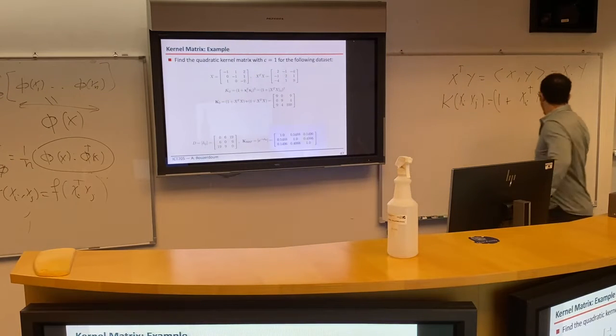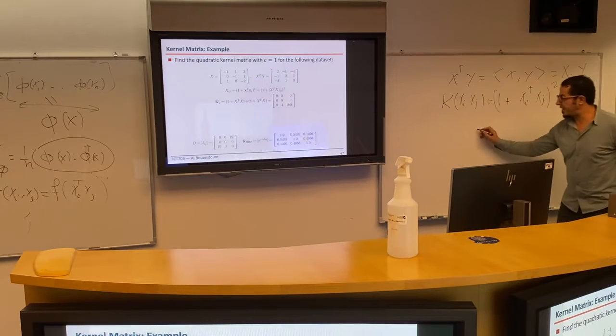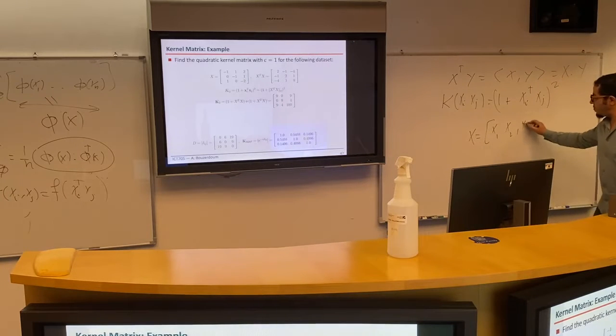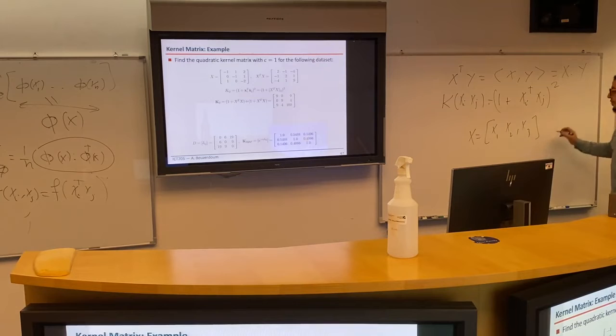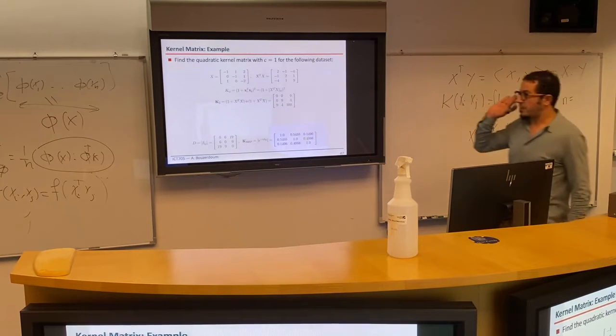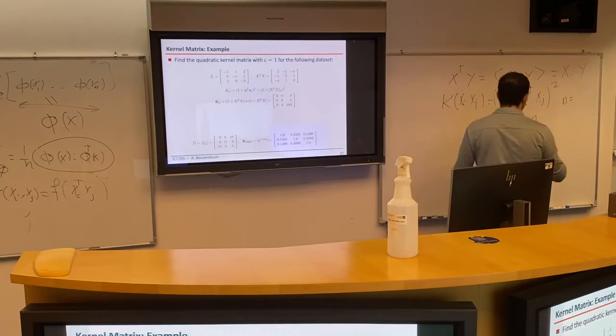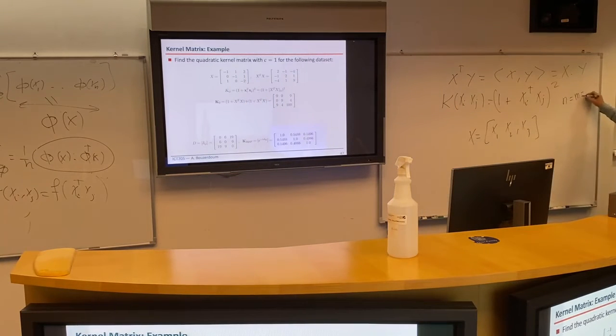How to do it, please? What is our matrix X? We have x1, x2, x3, right? What is the value of n here? 3. So the number of columns is n, 3. And m is the same in this specific case, right?